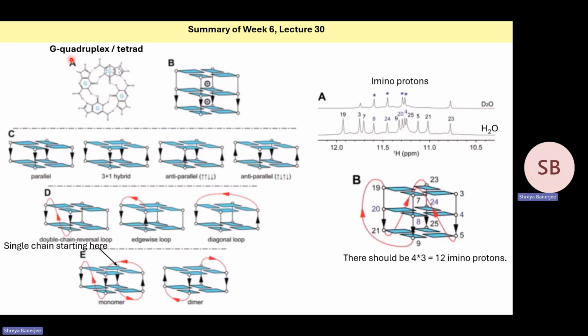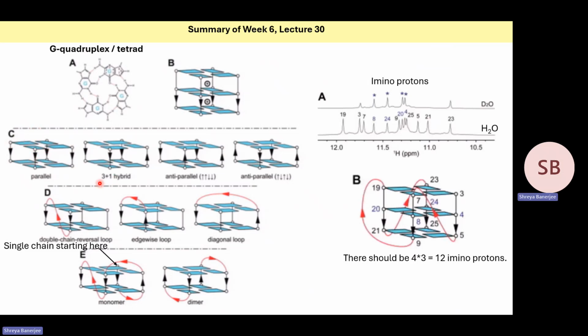So we looked at the G quadruplex or tetrad briefly. Now we will look at the different ways in which these can be arranged. You can have a parallel orientation in which 4 DNA strands run parallel, and the G quadruplex is formed using 1 G from each strand.